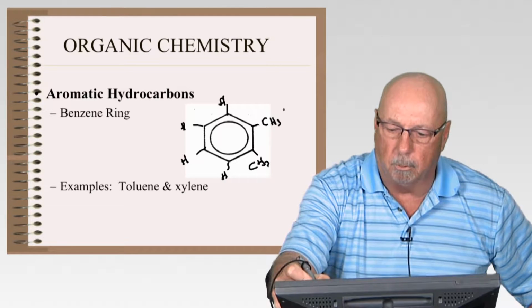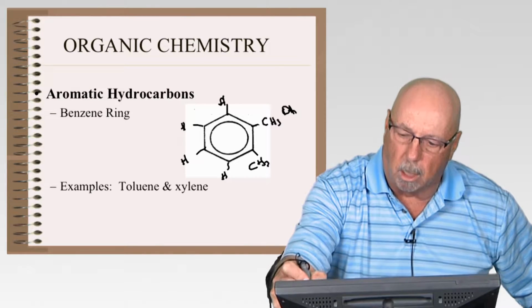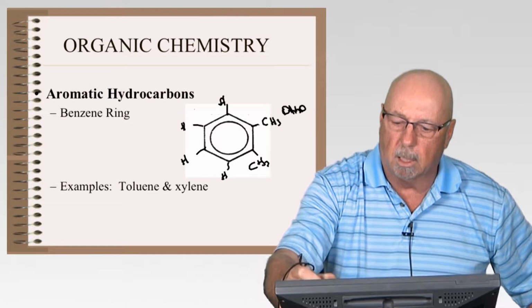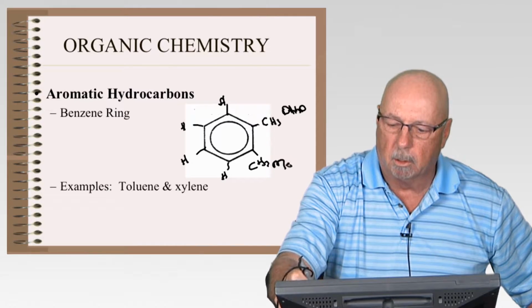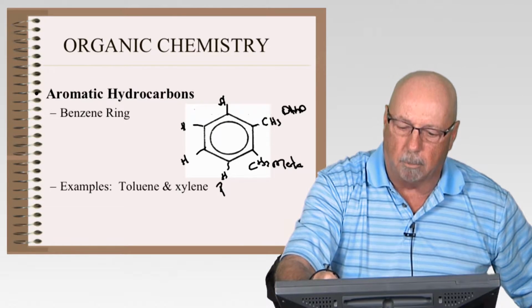put it. So if you put the structure here, it's on the ring, it's called ortho, O-R-T-H-O. And this would be a meta, and at this location would be para.